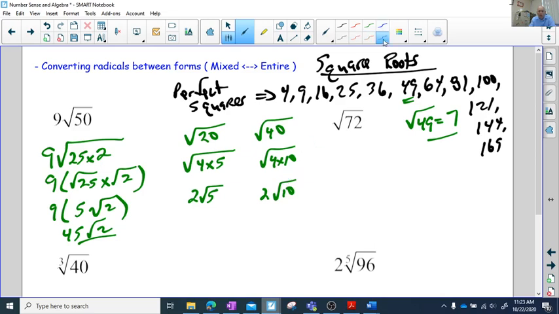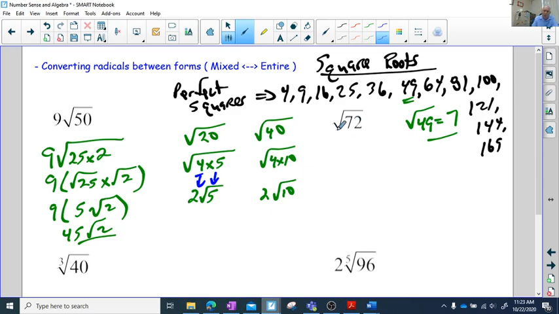Now my personal preference is I always put the perfect square first and then the other number second, just so that as I work down the page, they all kind of line up and you say, oh, I see why 4 became 2 because I took the square root of 4. I see why 5 stayed under the radical because it wasn't a perfect square. So I always put the perfect square first so that it lines up as I go down the page.